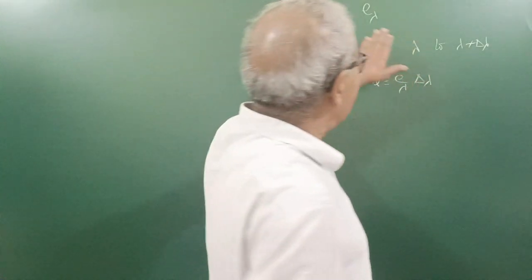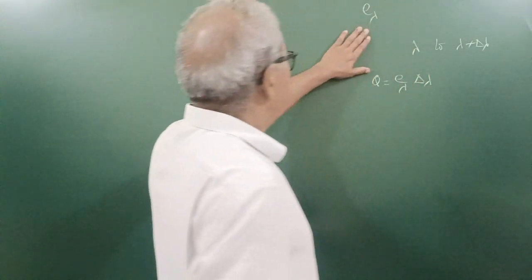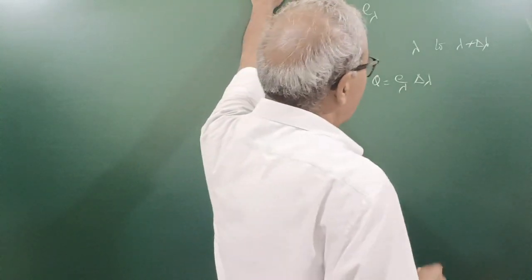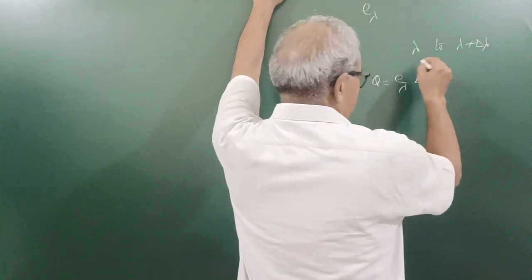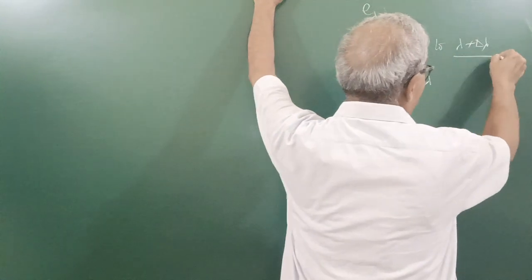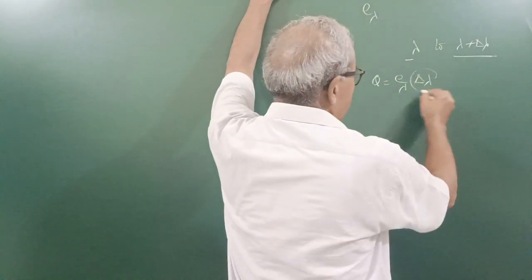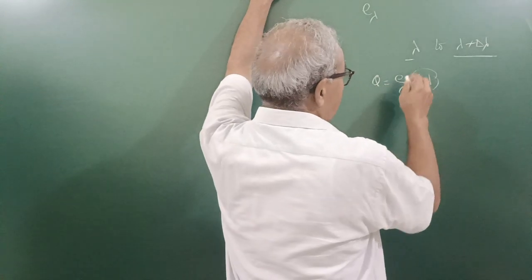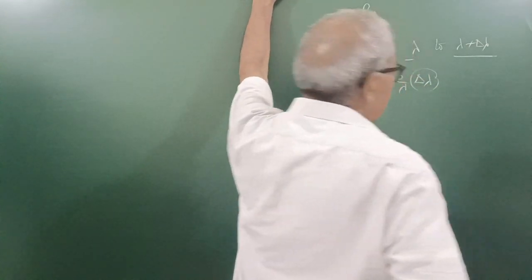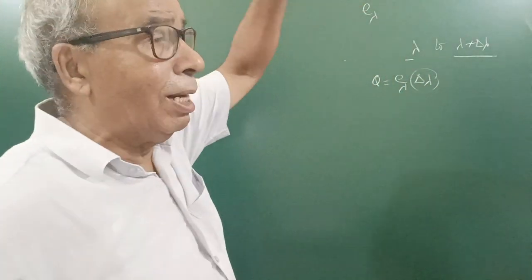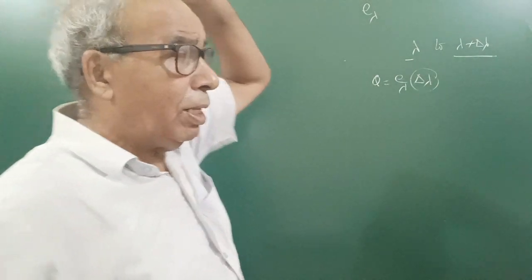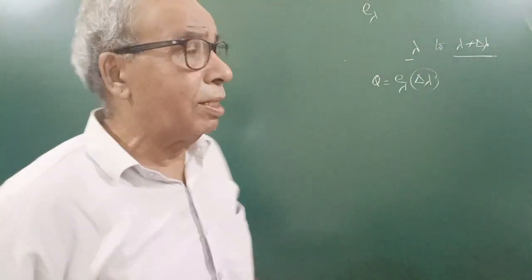Try to understand what I am saying. If E lambda is the spectral emissive power within the range of lambda and lambda plus d lambda, then the energy emitted within this range, Q, will be E lambda into delta lambda. Lambda is the wavelength of radiation being emitted by the body at that temperature.